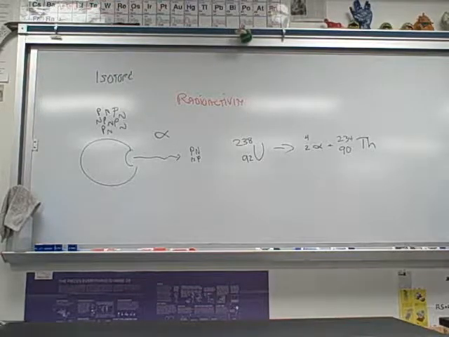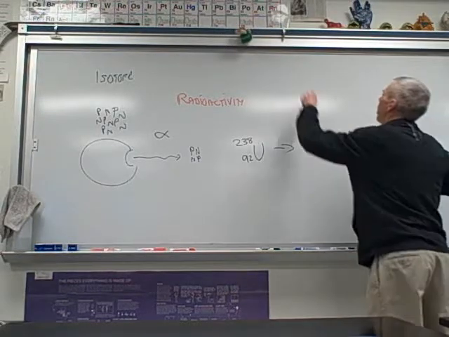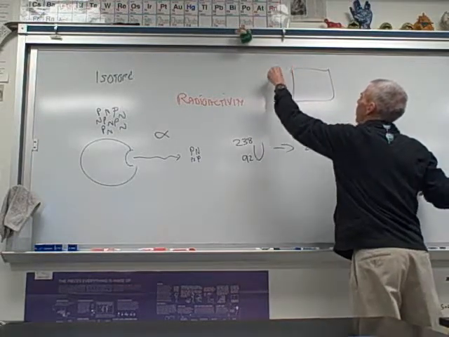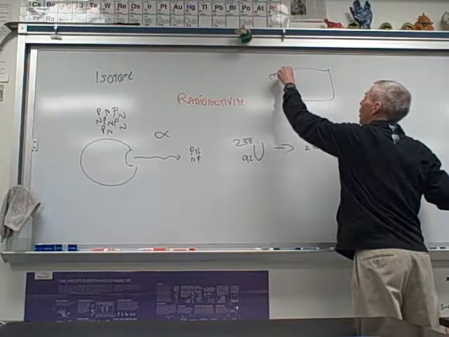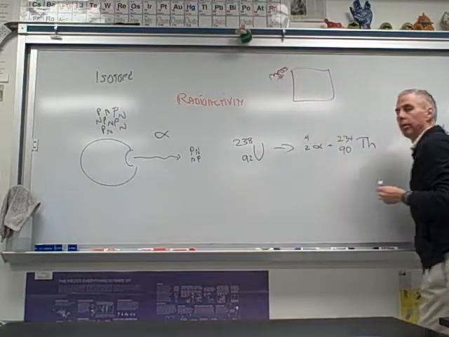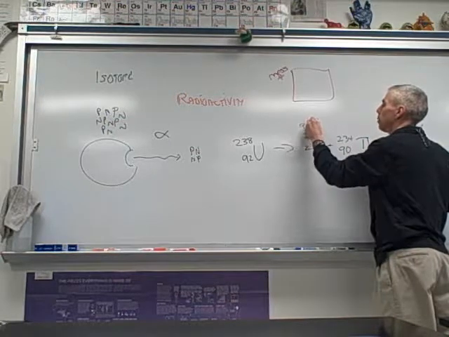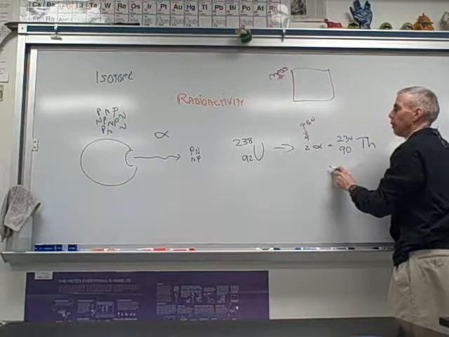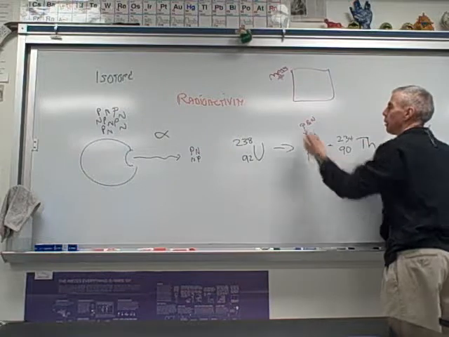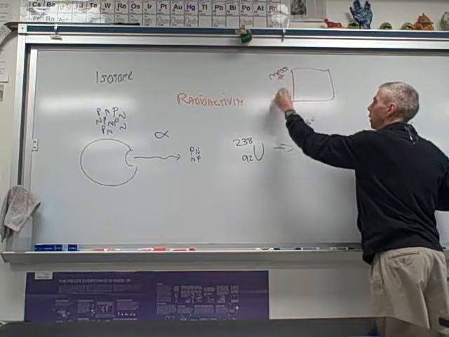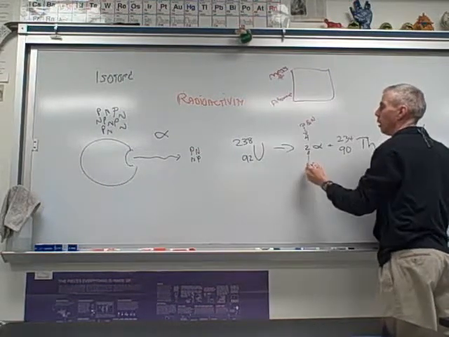No. But go back in time. Remember this? What's up here? That's the mass number, yes? That's the number of what? Protons and neutrons. Right. And what's this number? That's the atomic number. That's the number of what? Protons.